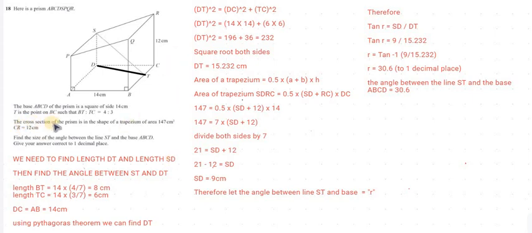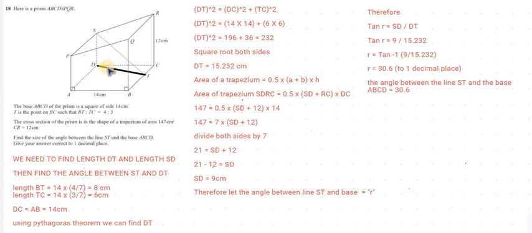The question also says the cross section of the prism is in the shape of a trapezium of area 147 centimeters squared, and CR is 12 centimeters. So this is the cross section of the prism, PQAB, but also the same as SDRC.